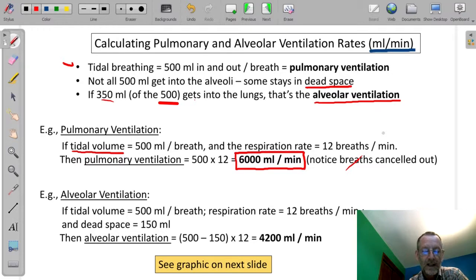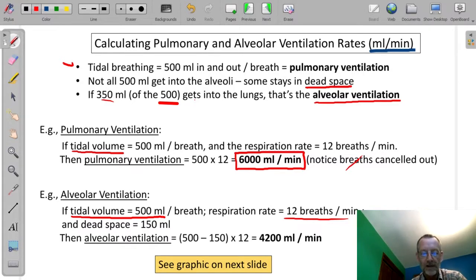Alveolar ventilation is the same idea, but you subtract out the dead space. So again, if we start with a tidal volume of 500 mils with each breath, and we have the same respiration rate, 12 breaths per minute, and the dead space is 150 mils, that's the 150 mils that doesn't make it into the alveoli.